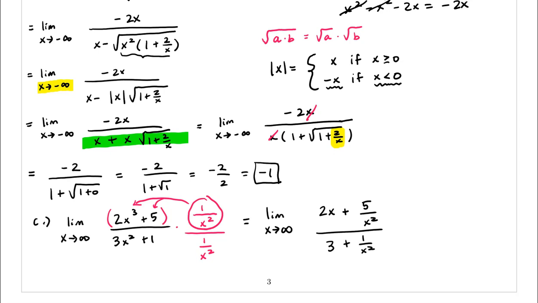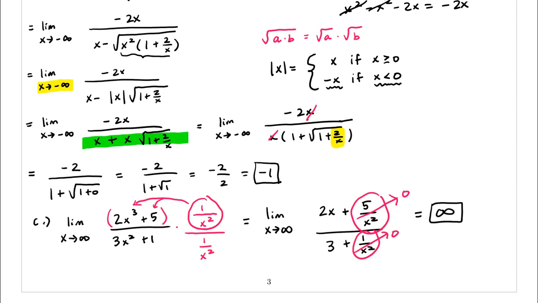So what's happening as x gets larger and larger? This is going to go off to 0. This is going to go off to 0. And we're essentially left with 2x over 3. But as x gets larger and larger, the numerator is going to continue to increase, and so we know that this is going to go off to infinity.